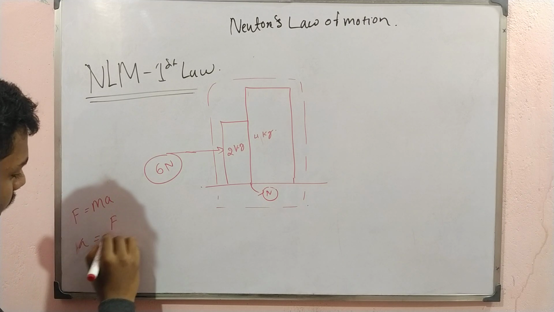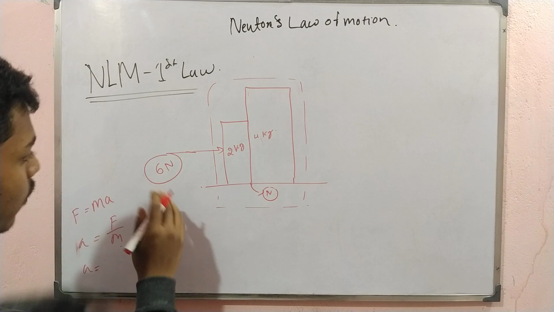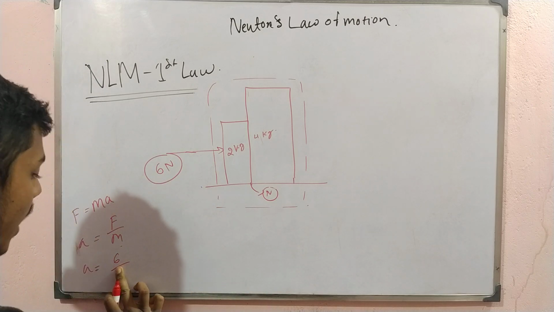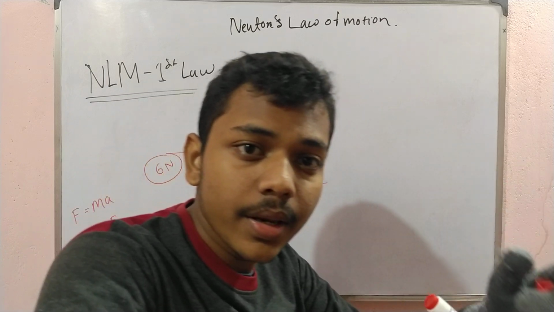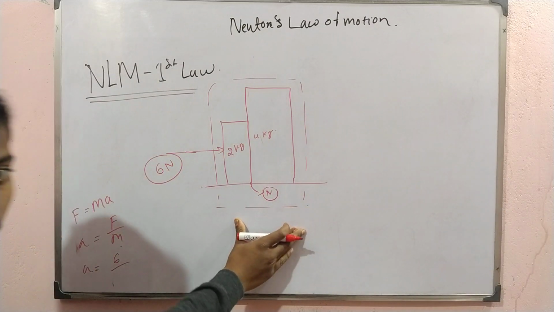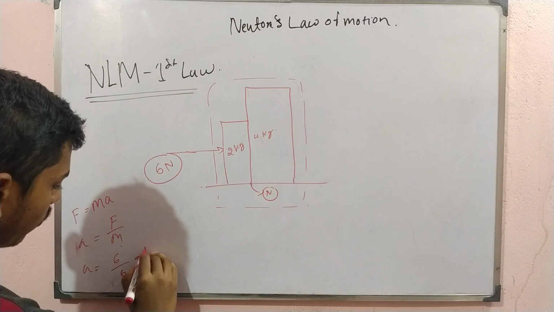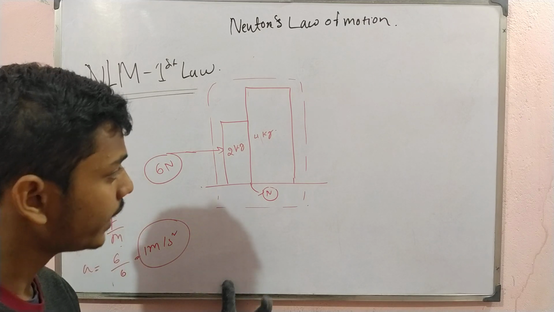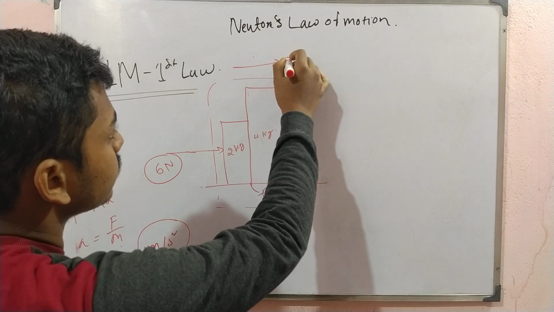Then a is equal to F by m. What is F? F is the force, and m is the total mass, because I take the two blocks combined. So 6 by 6 gives 1 meter per second square. That is the acceleration of the two blocks.